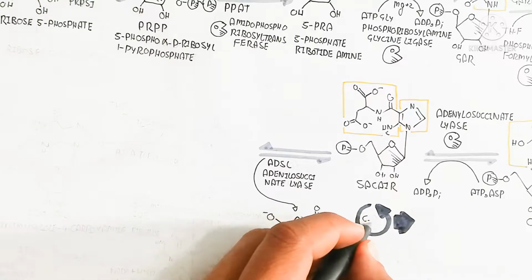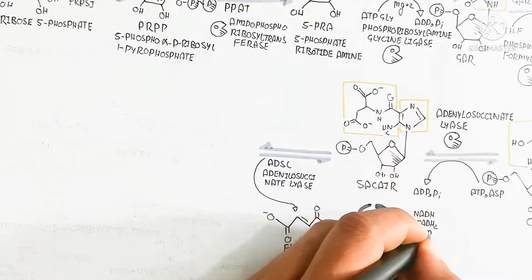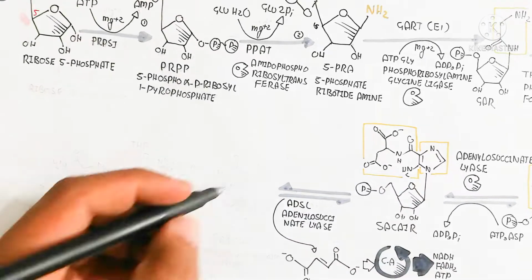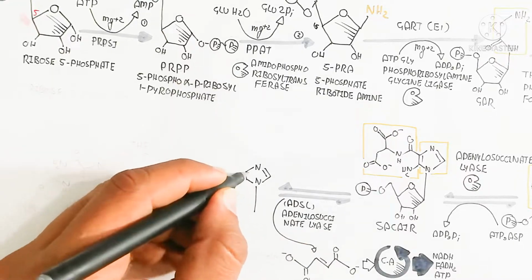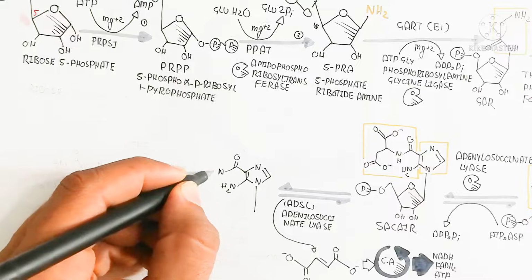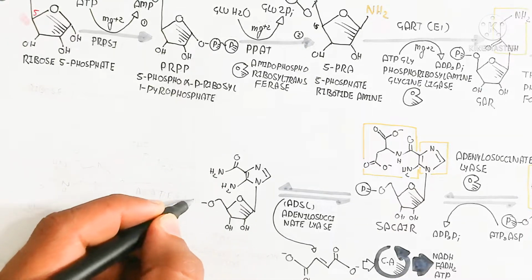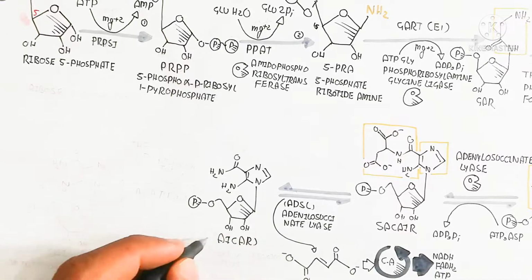To form this, the fumarate will be separated, and the adenylosuccinylase enzyme will produce the fumarate. This fumarate is used in the citric acid cycle, and in this way they produce ATP, NADH and FADH2. And after this is the formation of AICAR.